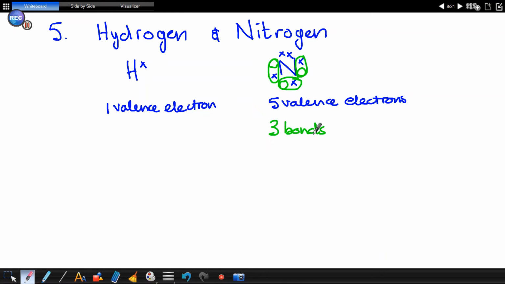This is the thought process that you go through. And hydrogen can share 1 electron there, so it makes 1 bond. So, hydrogen can form 1 bond, nitrogen can form 3 bonds. How many hydrogens do I need to make 3 bonds?